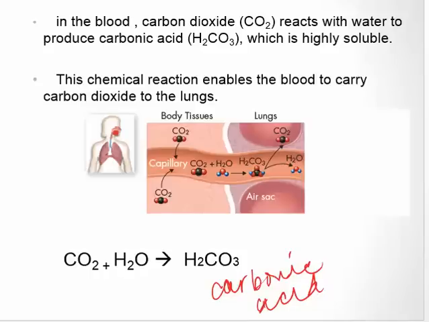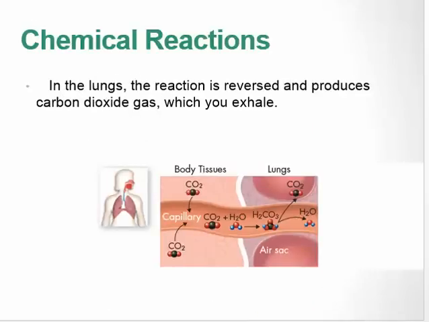Now this carbonic acid can break apart, or that reaction can be reversed, and the carbon dioxide gas, so here we go. The carbon dioxide is picked up from your tissues and it goes into your capillaries where it combines with water. It then forms carbonic acid. The carbonic acid then has a reaction where it can break apart. The H2O stays in your blood, and then the carbon dioxide diffuses across to your lungs, and then you exhale it.